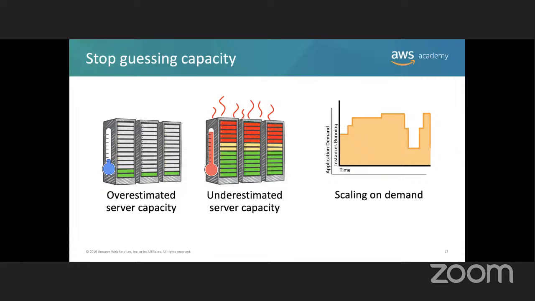Very important. Here, you overestimated server capacity. You thought, oh my God, my business is gonna do so well, and I'm gonna purchase a lot of resources. And as you can see here, your business is doing poorly.